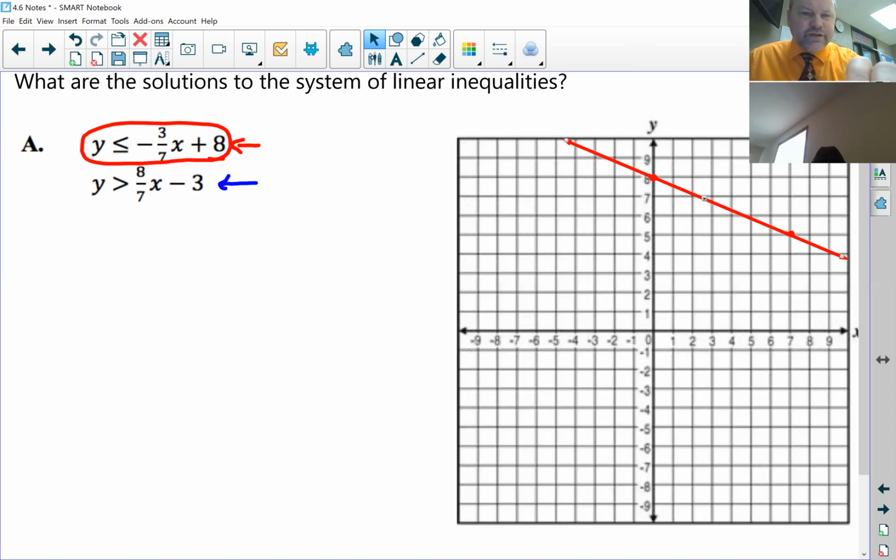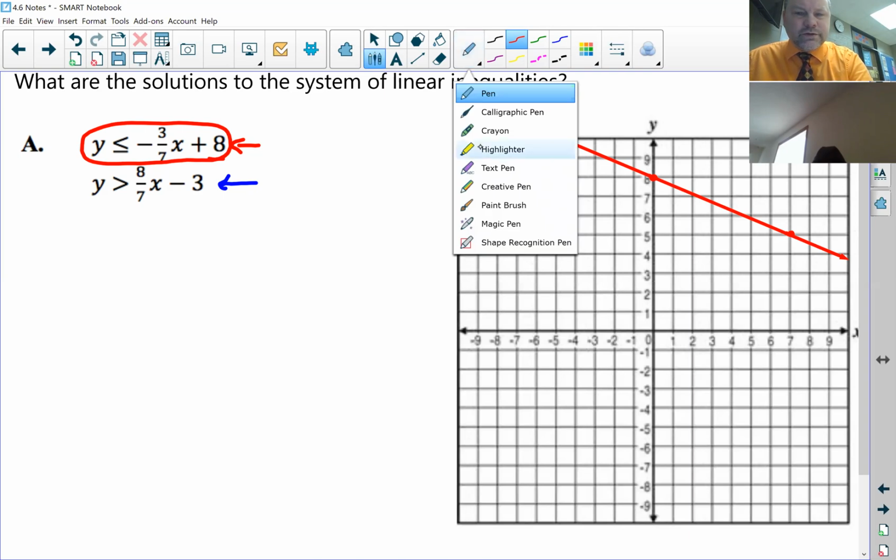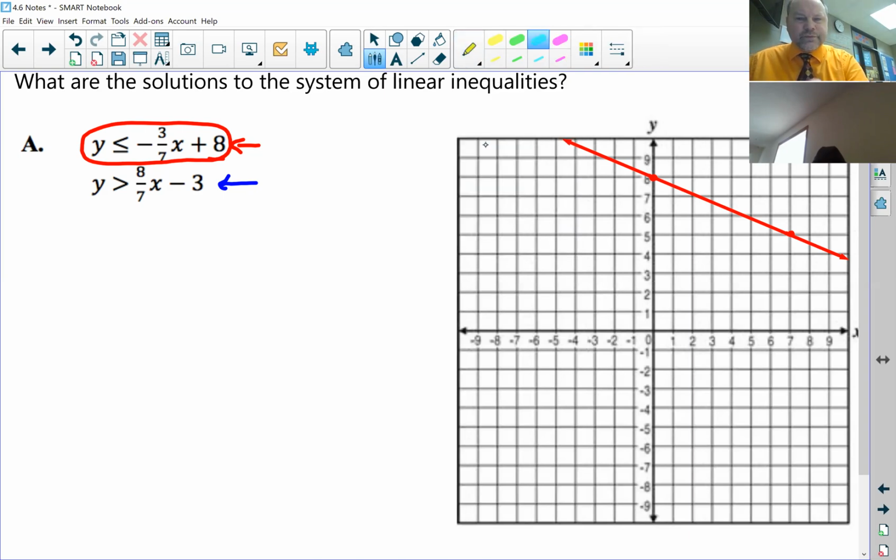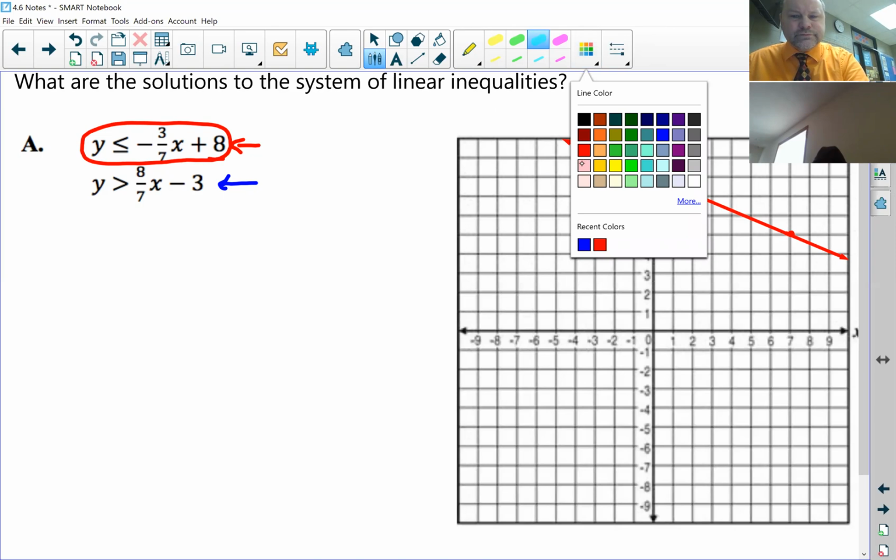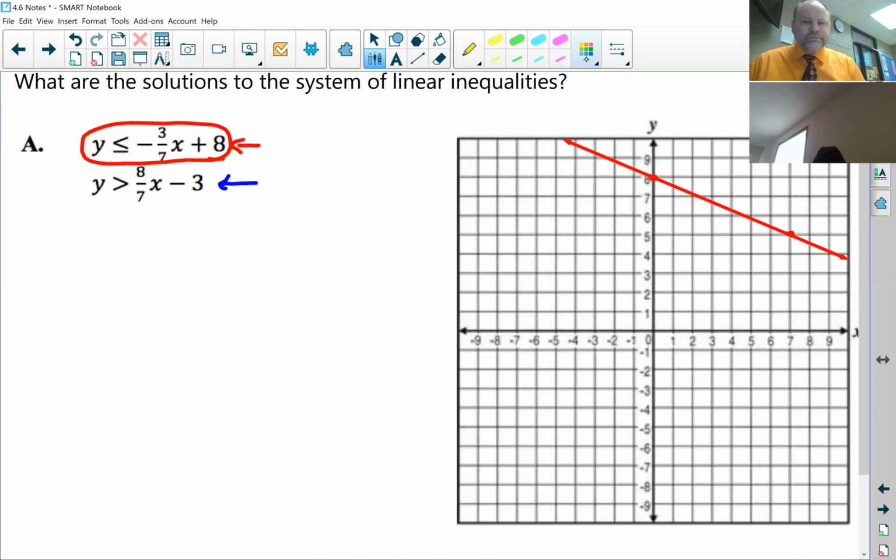And now am I going to shade this above or below the line? Yes, excellent. Because it's less than, I'm going to shade below.